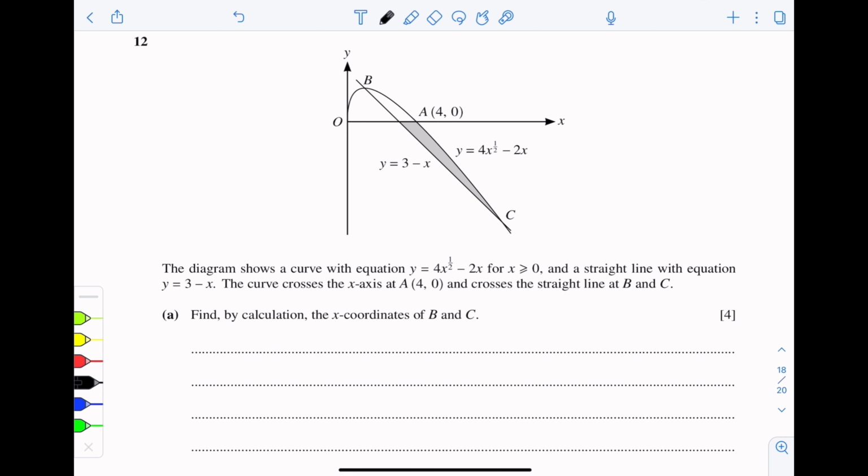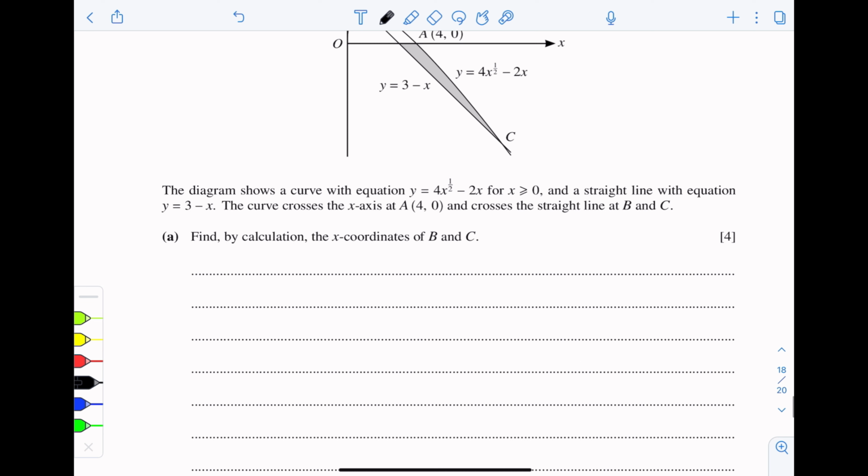So, point of intersection हम कैसे find करते हैं? We will solve the equation of curve and the line simultaneously. So, this is equal to y, and this is also equal to y. So we will substitute, we get 4x power 1/2 minus 2x is equal to, right side, this is the y of line, 3 minus x.